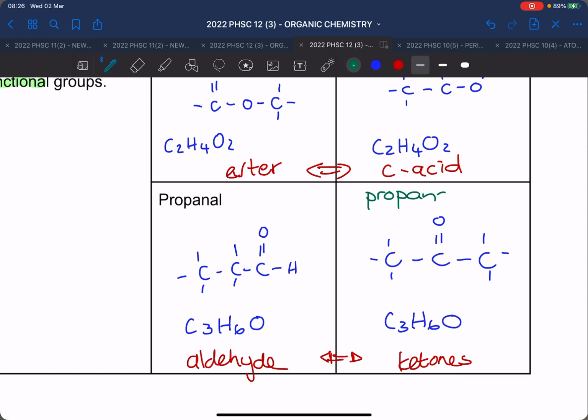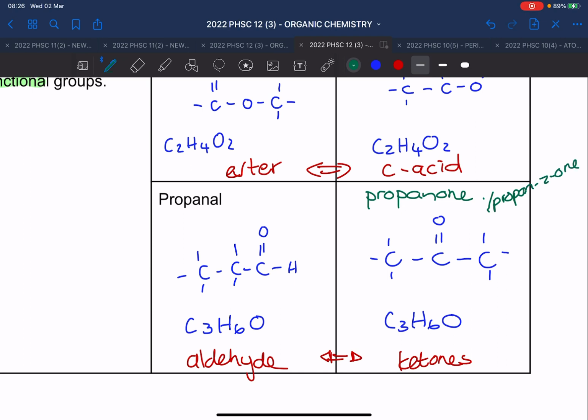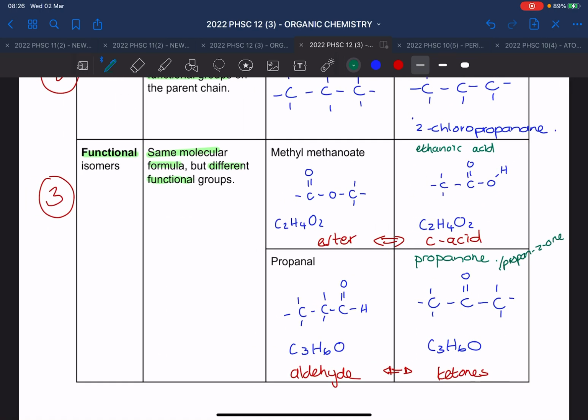It's propanone, because it cannot be propan-1-one, then it's an aldehyde. It cannot be propan-3-one, it's an aldehyde. So it must be propan-2-one. So there's only one answer, but you could have said propanone or propan-2-one. Alright, so they are all called functional isomers.